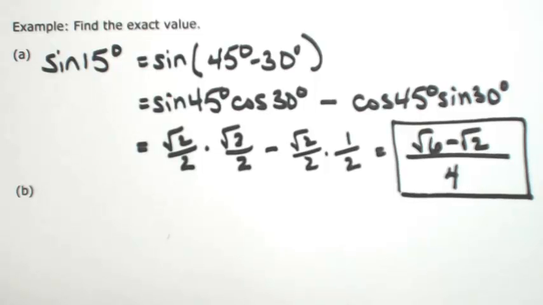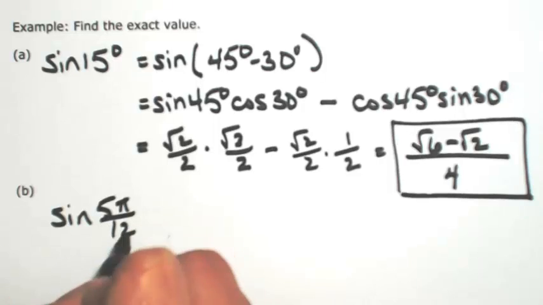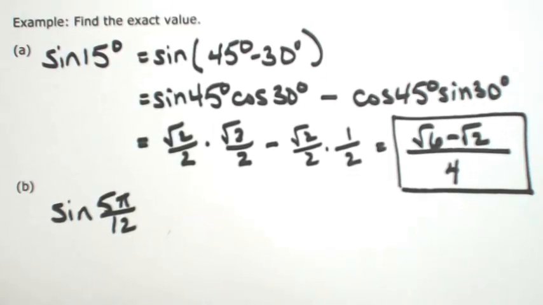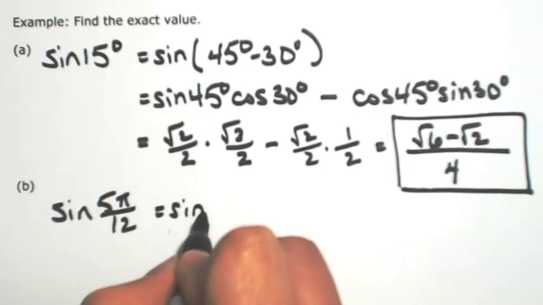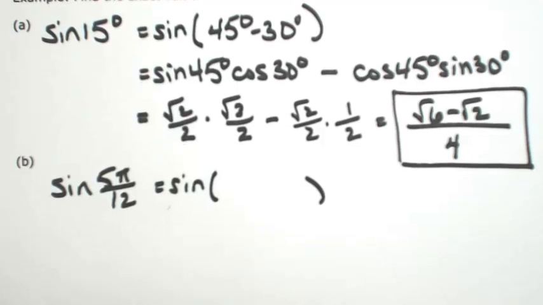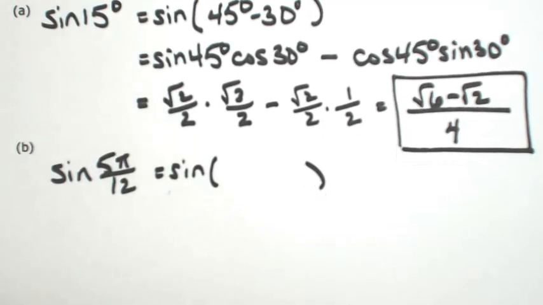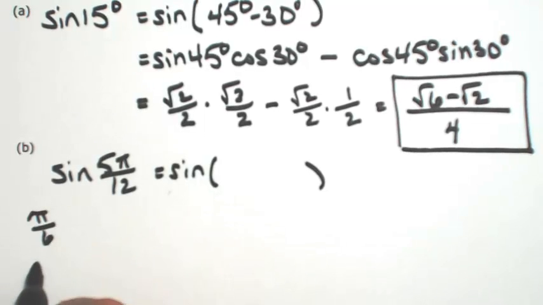Okay, let's try another one with radians. Let's say we have the sine of 5 pi over 12. Again, I'm going to rewrite this using some of our more common angles. Thinking about 5 pi over 12, that's going to be somewhere in the first quadrant. So let me grab those first quadrant angles, which were pi over 6, pi over 4, pi over 3.